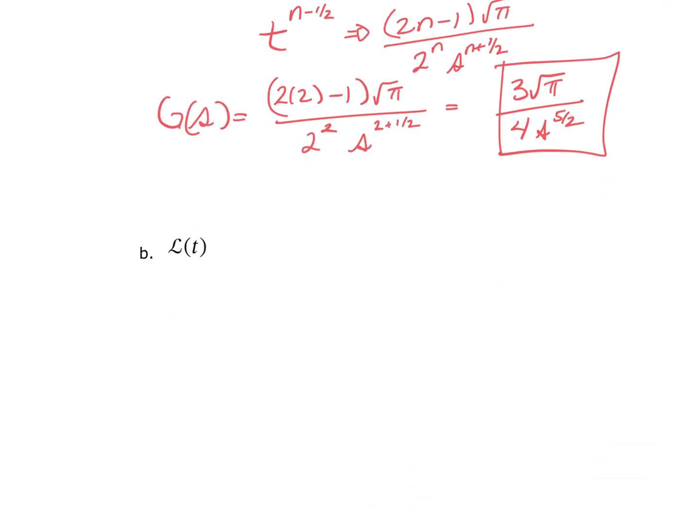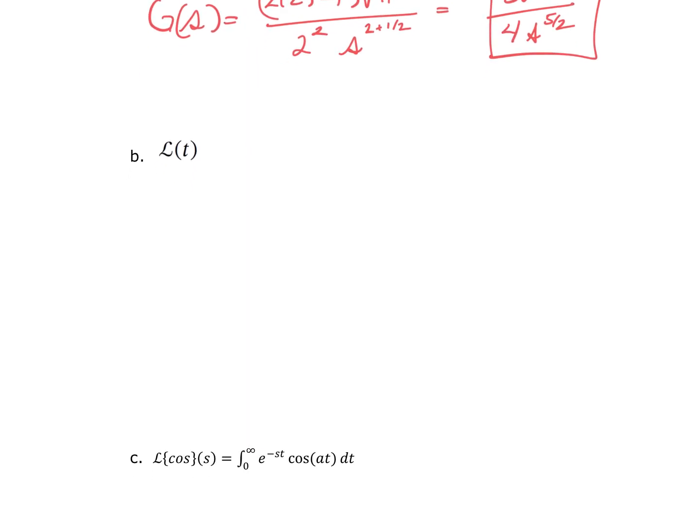Okay, let's take a look at your next example, which seems to be missing. What should have been here was the Laplace transform of t, equal to the integration from 0 to infinity of e raised to the negative st times t dt.